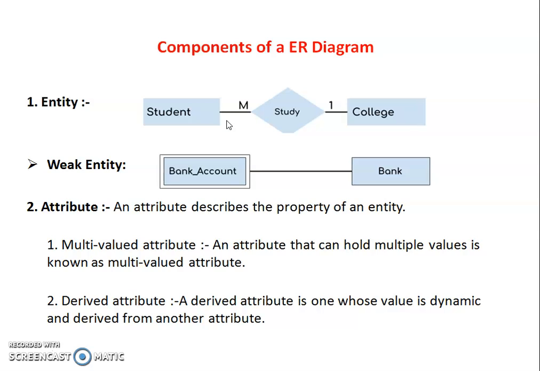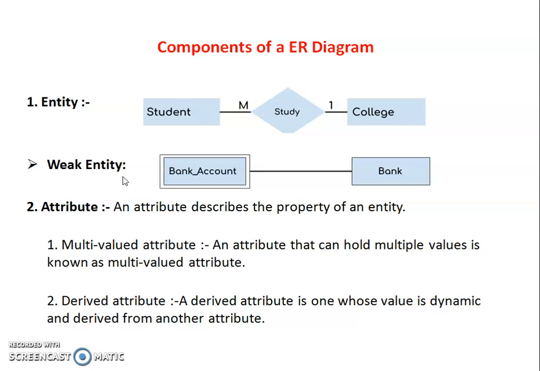Now, the next one is weak entity. This is a type of entity. An entity that cannot be uniquely identified by its own attributes and relies on a relationship with another entity is called a weak entity.